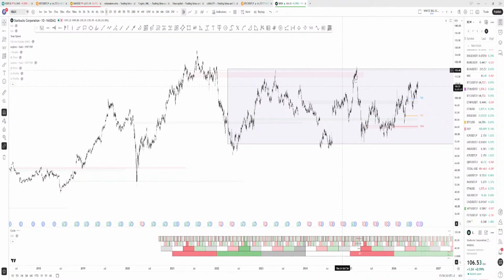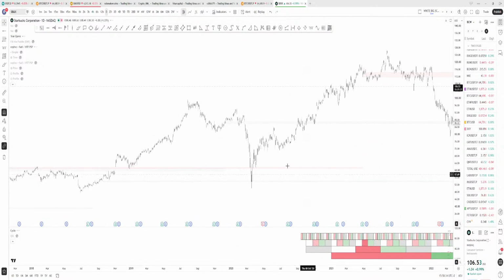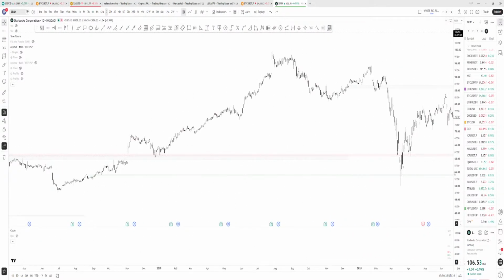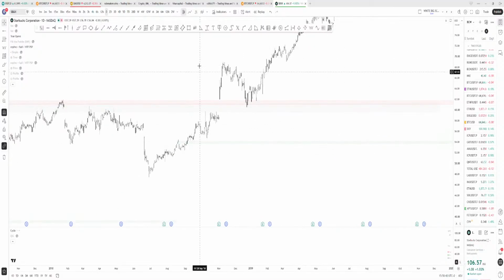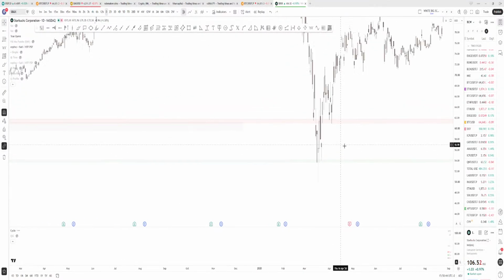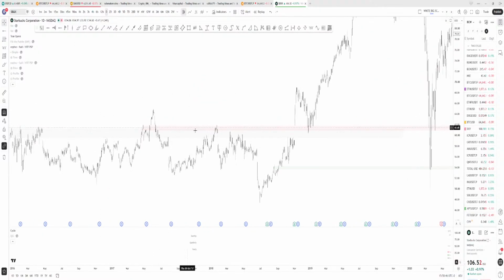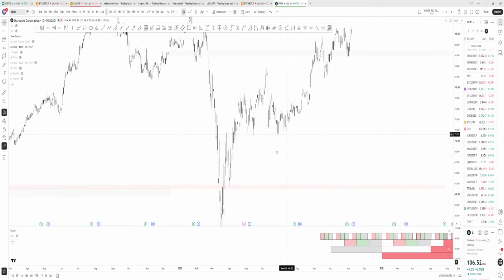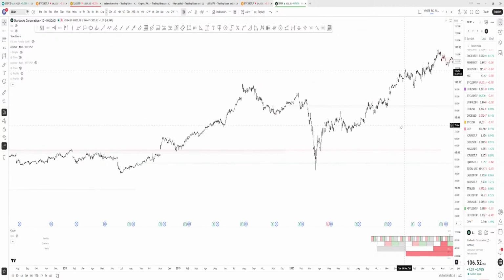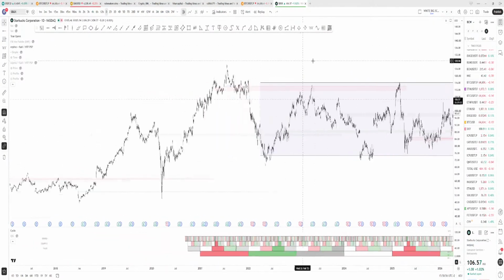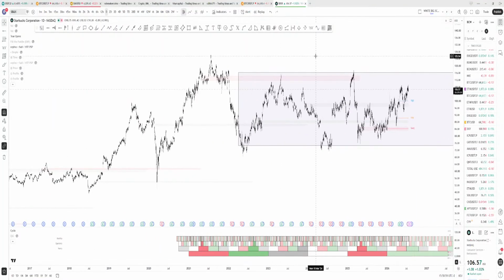Not much, except this is a macro supply. See how these levels perfectly align? Look here. This is what I'm telling you when I'm speaking about the magnets. This level perfectly held it, and the other one rejected here, held it here, and came back to test it before it ran up again. This is by far the best indicator I have right now.